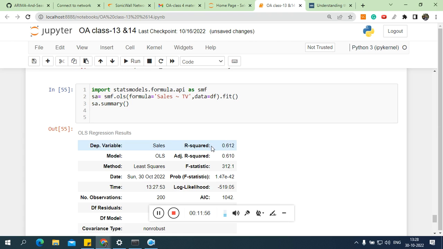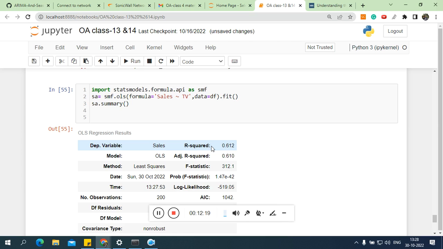R square indicates the accuracy. I also talked about it earlier. It is nothing but one minus residual sum square divided by total sum square.